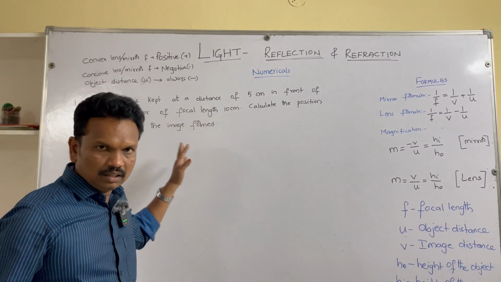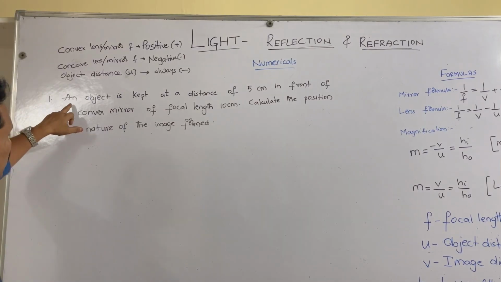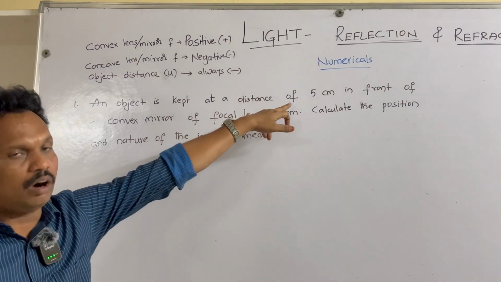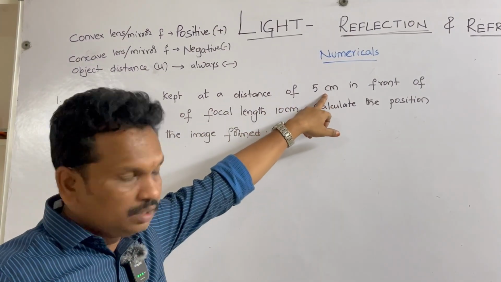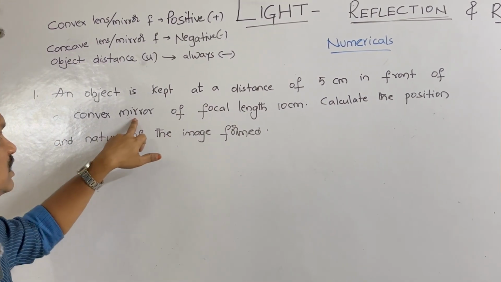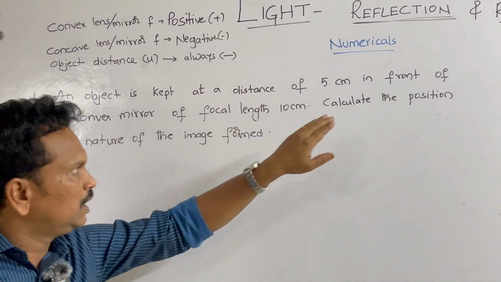Let us start with one numerical problem. First one: an object is kept at a distance of 5 centimeter in front of a convex mirror of focal length 10 centimeter.